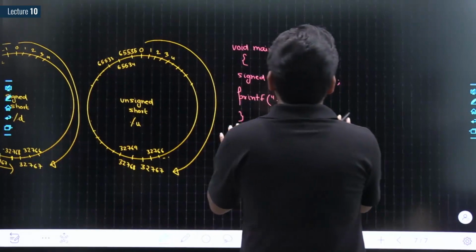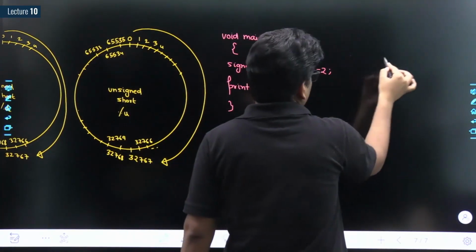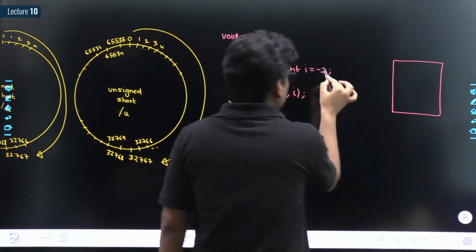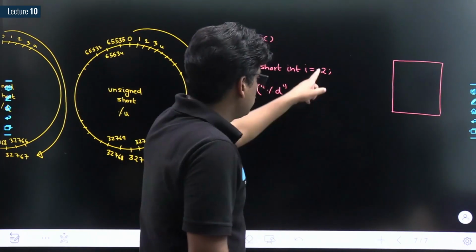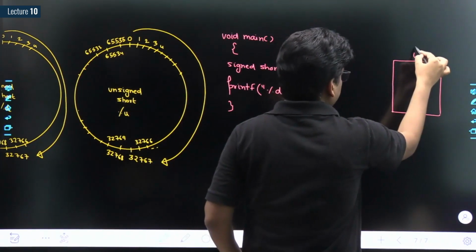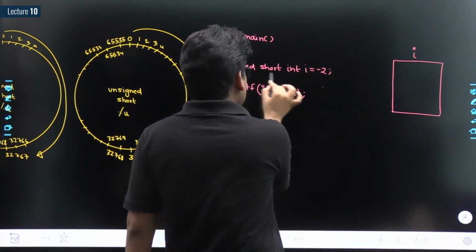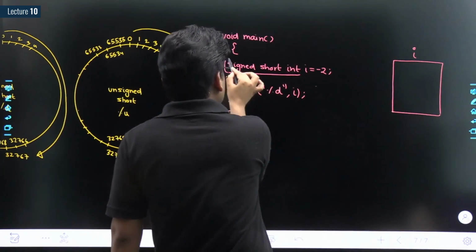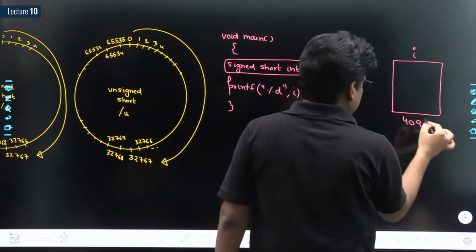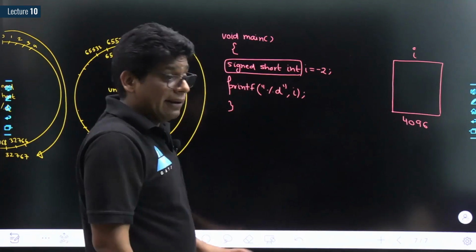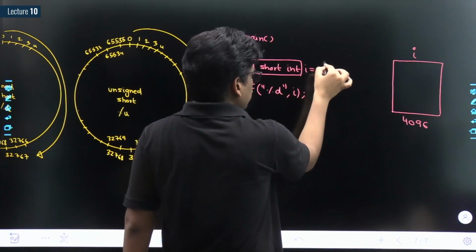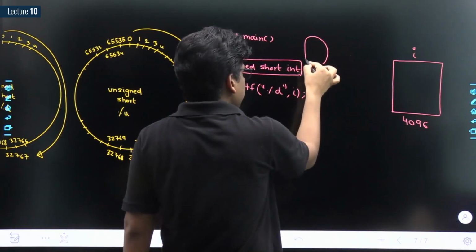Sir, from the very first line, what will happen? Sir, we are trying to store a value -2. Somewhere in memory a variable i is created. Sir, what is the type? Signed short int. Somewhere in memory a variable created with some address. Okay. Then see the sequence. Then, sir, -2. We want to store -2 inside this variable.